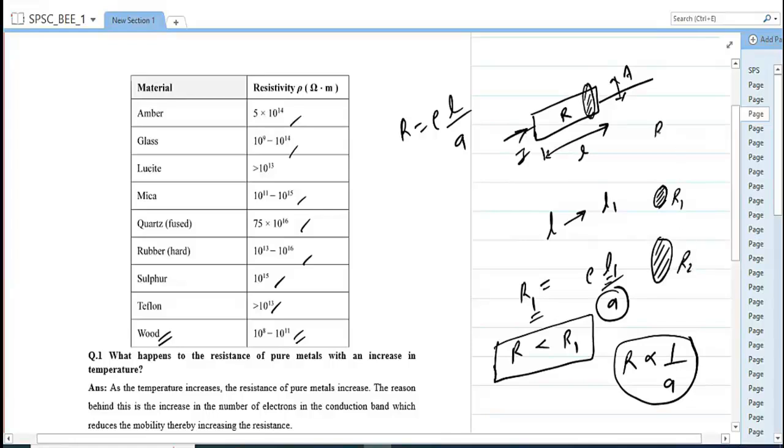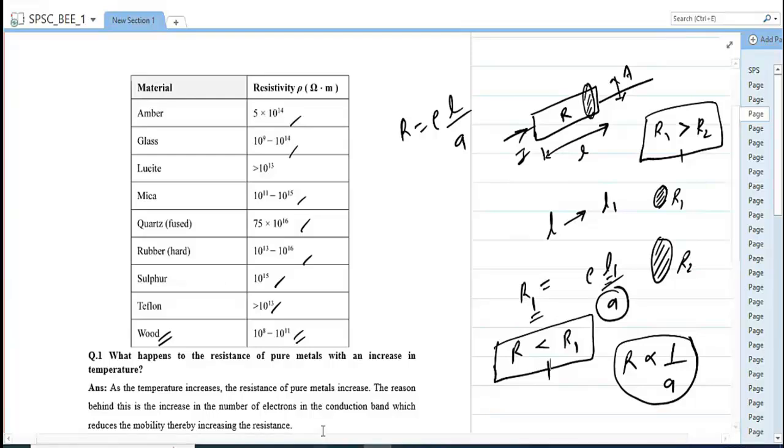And now tell me, amongst R1 and R2, which one will be higher? So R2 is high, because the area of R2 is high, so the resistance of R2 is low. So this relation will be there. For an increment in area, this will happen. For an increment in length, this will happen.